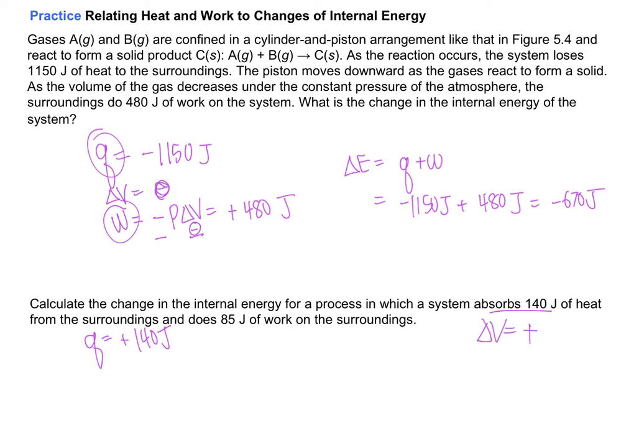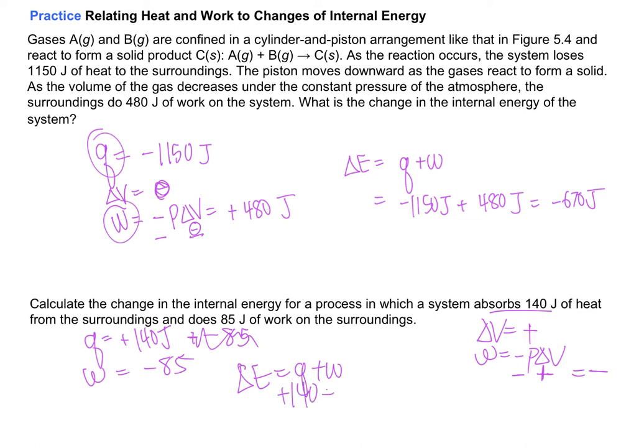So work equals negative P delta V, a negative times a positive, so my work should be negative. Work equals negative 85. So my delta E equals Q plus W, so positive 140 plus a negative 85 joules, and I get a positive 55 joules as my answer.